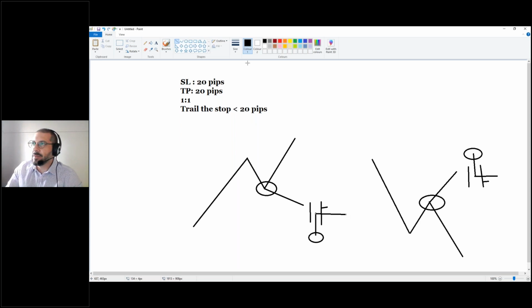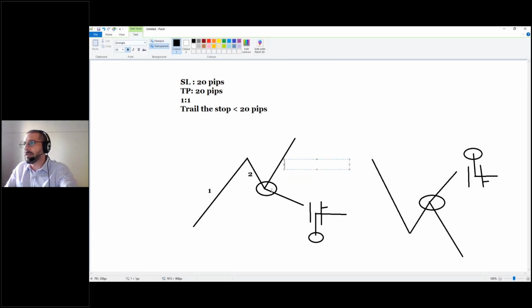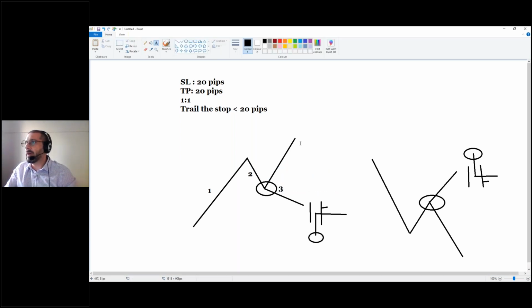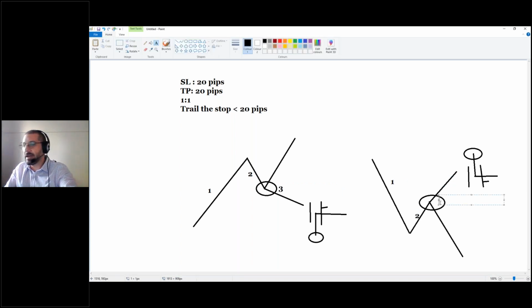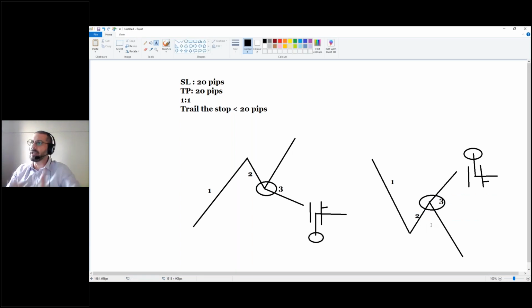So number 1, impulse. Number 2, correction. Number 3, we're going to try to get in over here. Similarly, on the way down, first there's got to be an impulse, then a correction, and then we're going to try to get in on the correction. So it's effectively the 3rd step where we enter the trade.